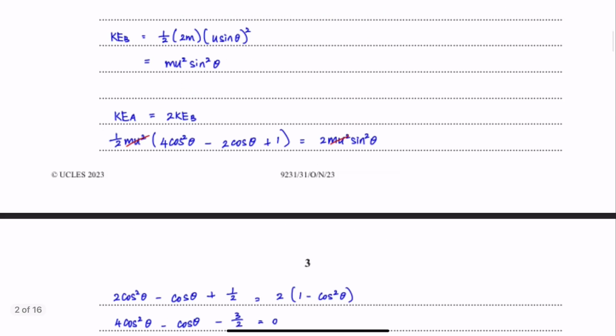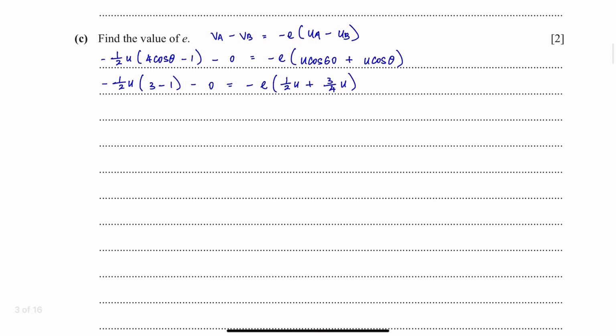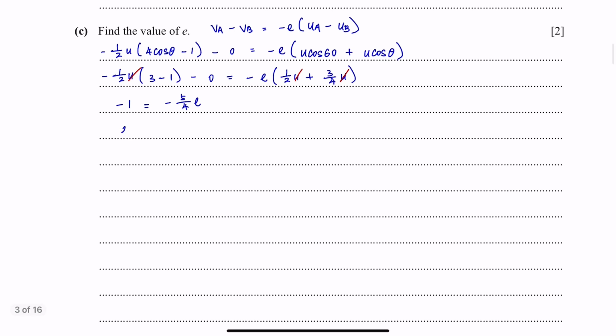I'm so sorry. So we would have negative 1 equals negative 4 over 5 E. We can cancel all the U's. So E would be 4 over 5.